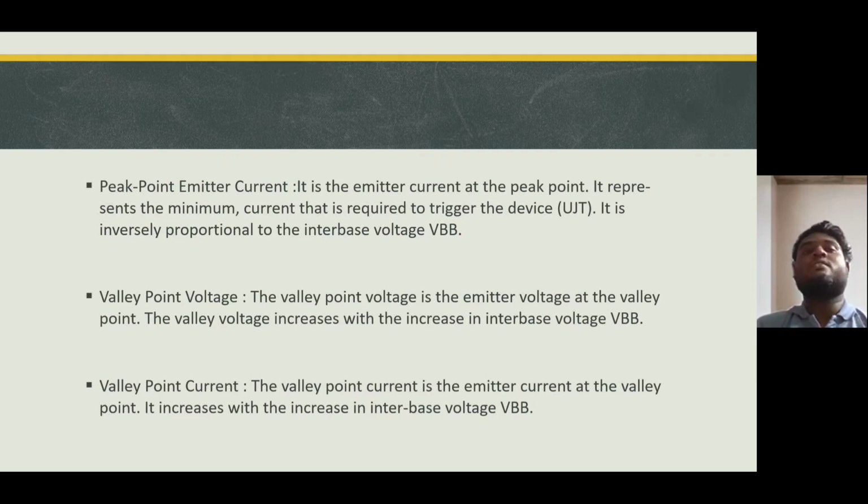The valley point voltage is the emitter voltage at the valley point, and it increases with the increase in the interbase voltage VBB. Finally, the valley point current is the emitter current at the valley point, and it increases with the increase in interbase voltage VBB.